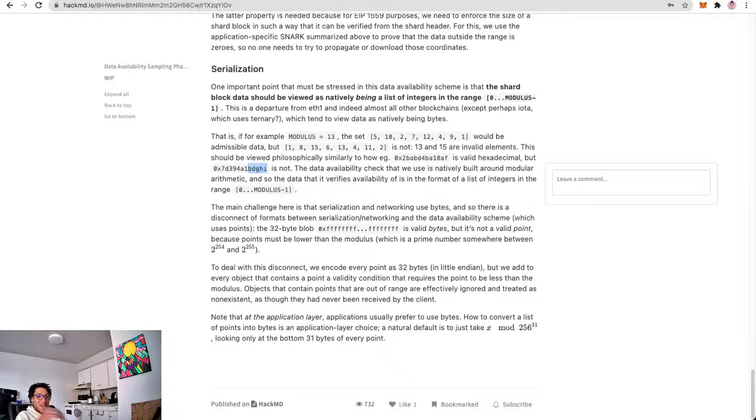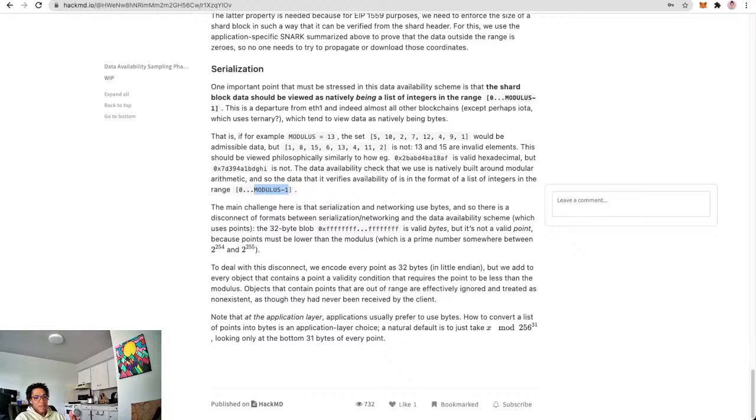Anyways, the data availability check that we use is natively built around modular arithmetic. And so the data it verifies availability of is in a format of a list of integers in the range of 0 all the way up to modulus minus 1.